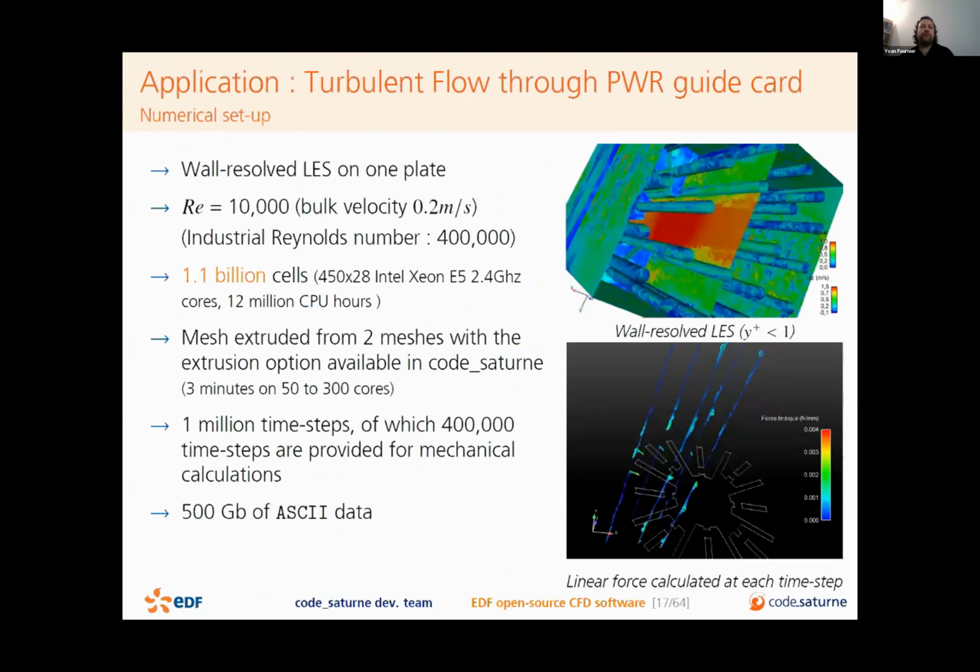And for this type of calculation, we needed a pretty large wall-resolved LES on one plate, and that could lead to a 1 billion cell mesh. So this is one of the larger studies. We have plenty of other smaller study examples. Since we're talking about exascale here, this is a good example of what we can do at the high range of industrial studies.